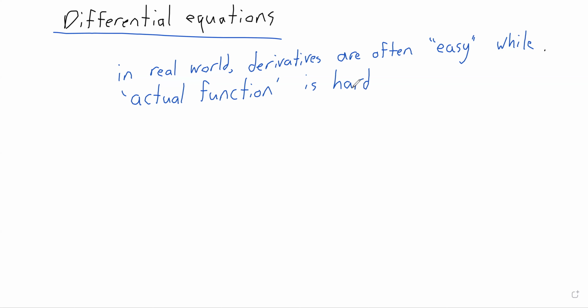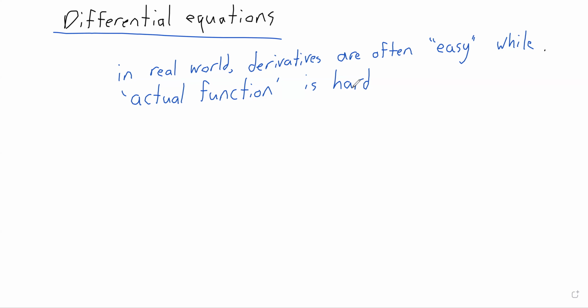And I mean, we can see this even in things like position, velocity, and acceleration. Even in that classic example, near the Earth's surface, acceleration is a constant.